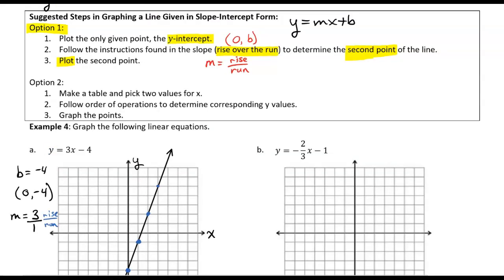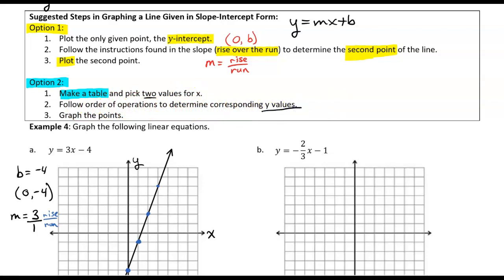So in my second option, my second possibility for graphing is to simply make a table. That's really what it's going to boil down to. And when we say make a table, we're going to pick at least 2 values for x. We could pick more if we wanted to. But if we pick 2 values for x, we're going to follow the order of operations to determine the corresponding y values.